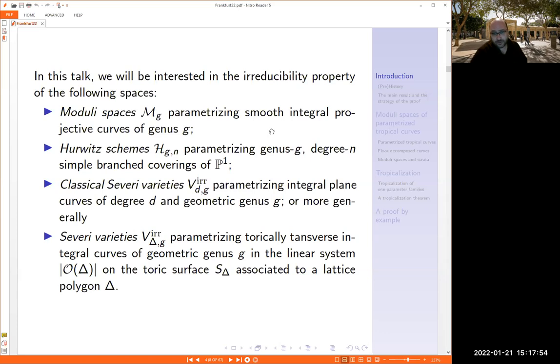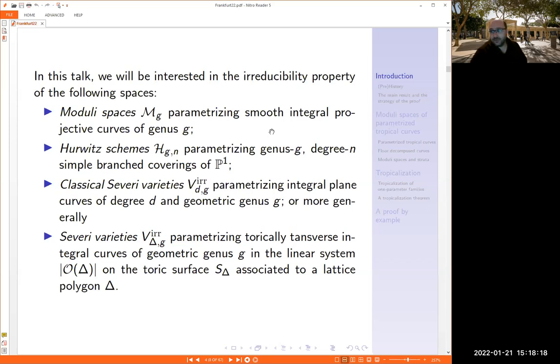So we will talk about Severi varieties that parameterize geometrically integral curves of geometric genus g in linear systems on toric surfaces. Given a lattice polygon Delta, one can associate to it a toric surface and an ample line bundle on it that replaces the notion of degree in the planar case. And you can look at the curves in this linear system.